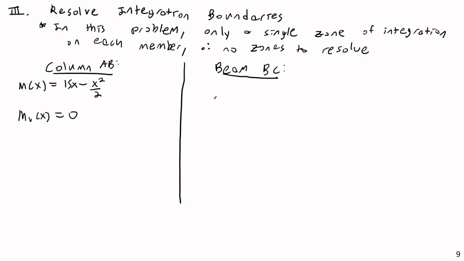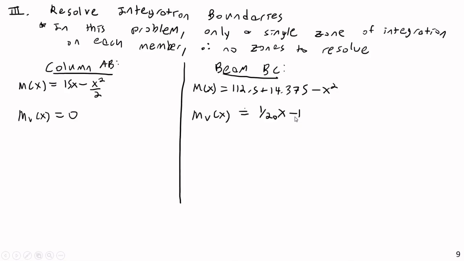On beam BC, the real moment is going to be 112.5 plus 14.375 minus x squared, and the virtual moment as a function of x is going to be 1/20th x minus 1.